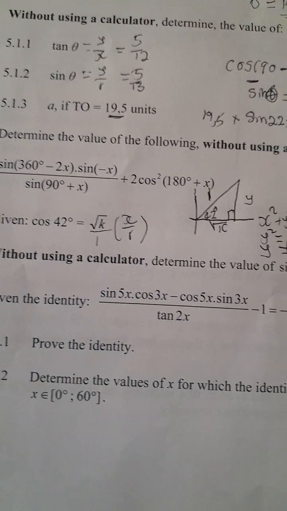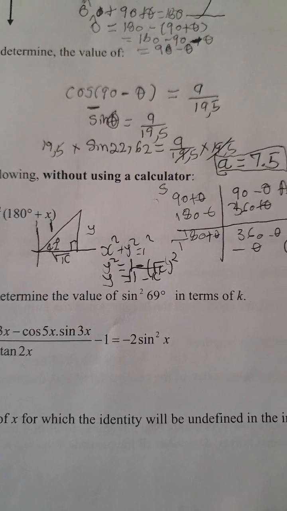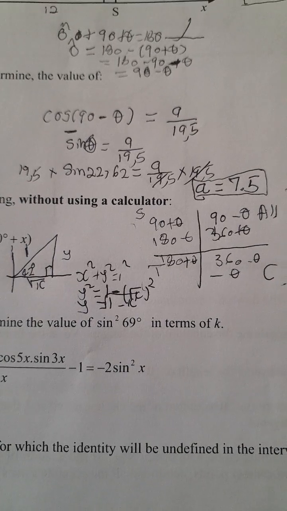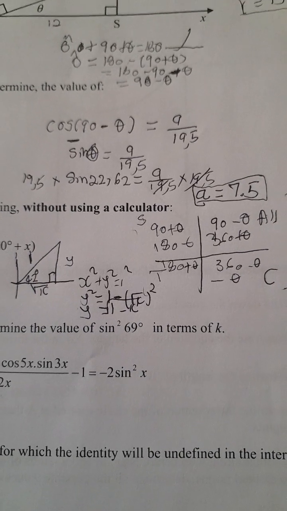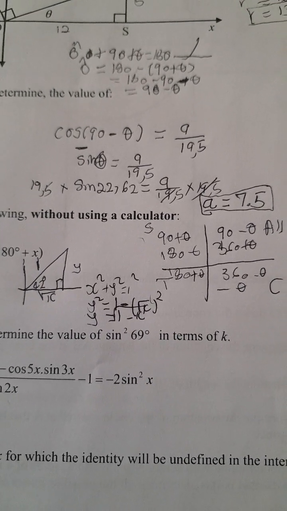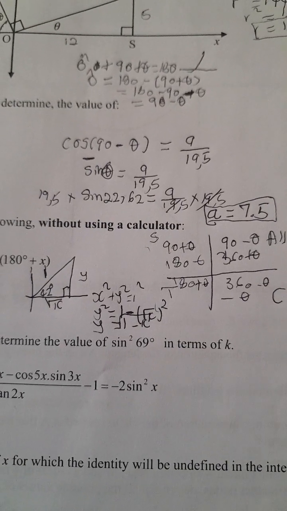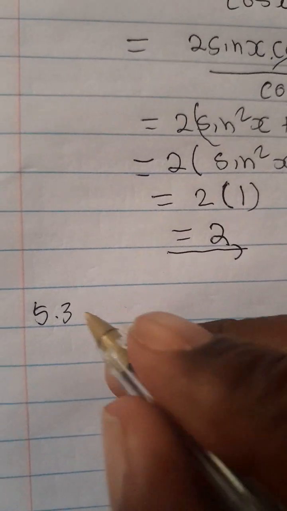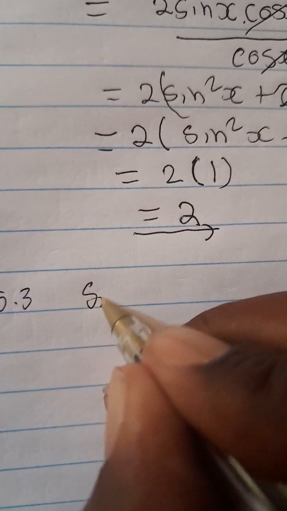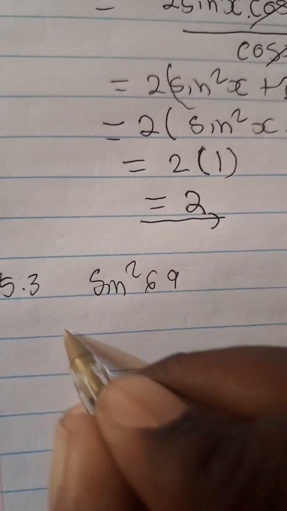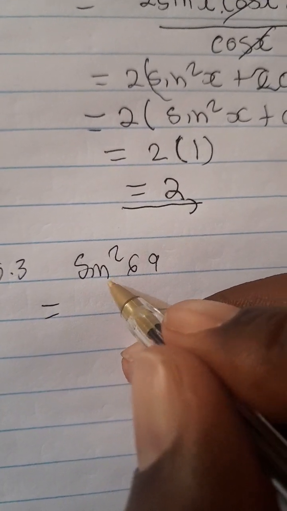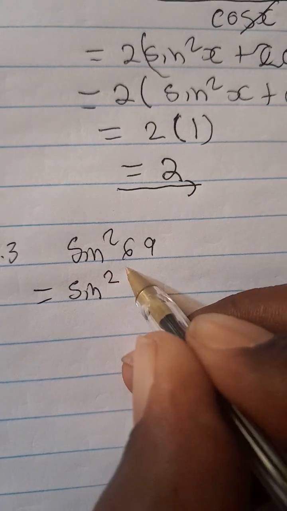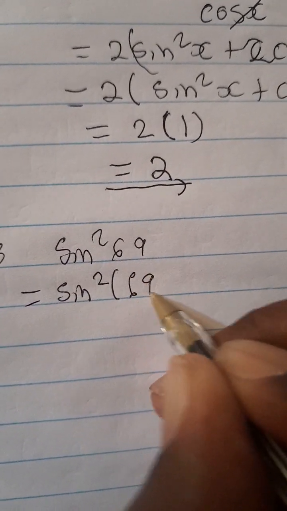Okay. But they're saying determine the value of sine squared 69 in terms of k. How do we get that? Let's try to reduce this, sine squared 69.